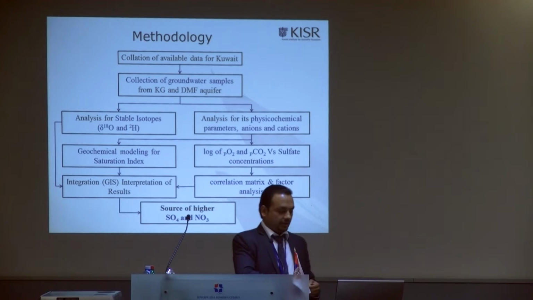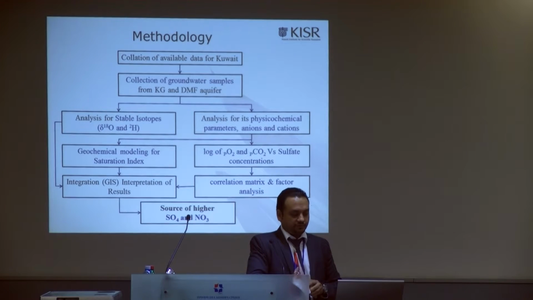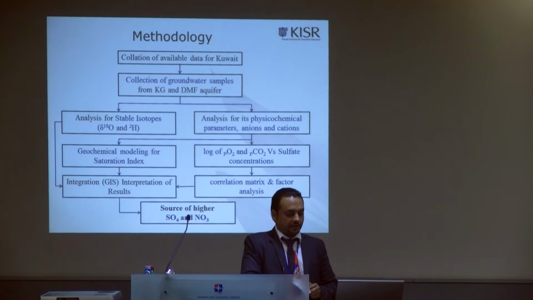For the methodology, we started with collection of available data, and we collected groundwater samples from both aquifers, the Kuwait Group and the Dammam Formation. Then isotopic analysis for oxygen-18 and deuterium was carried out, along with analysis for physicochemical parameters like anions and cations.